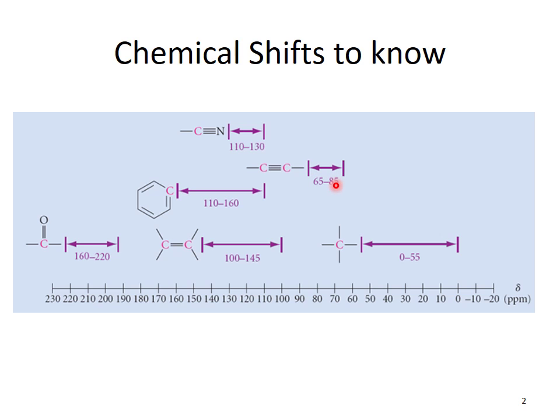Here I'd say about 70. Here this is about 120 average, 140 average. For nitrile, the carbon in a nitrile would be about 120 average. And then we have the carbonyl, and that's way downfield, 160 to 220. So it's kind of off in this region by itself and easy to recognize a peak there.